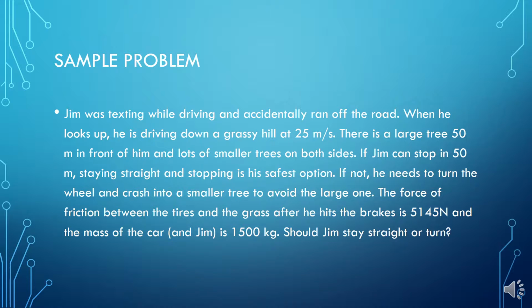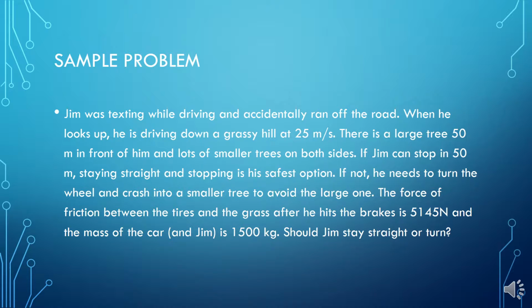If not, he needs to go ahead and turn and just crash into one of the smaller trees and kind of take the hit and figure that it's safer to crash into that smaller tree than it is to hit the large one. He'd be hitting his brakes either way and slowing down some, but smaller trees are safer than big trees. The force of friction between the tires and the grass after he hits the brakes is 5,145 newtons.